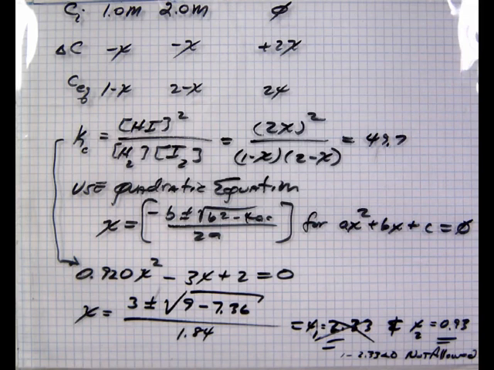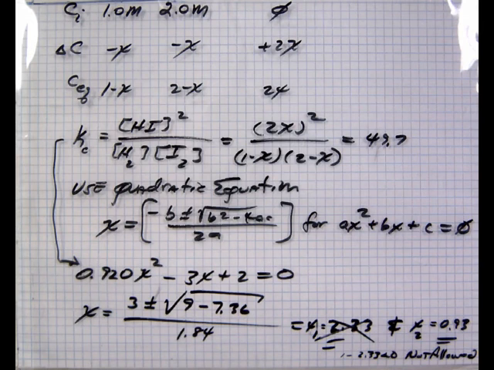Which of those two solutions should you use in your K expression up there? Which represents the concentration? Well, if you put this 2.33 in the 1 minus x, you get a negative number. You can't go below 1 because that's all you've got in there.